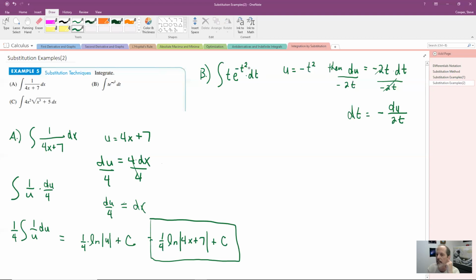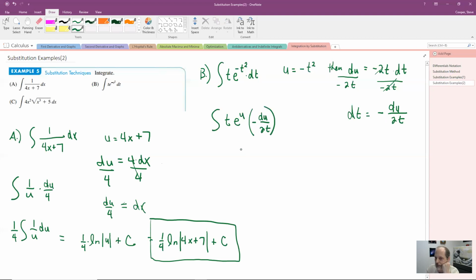That way I know exactly what to put in here for dt. So let's do that. We're going to get t e to the u times negative du over 2t.